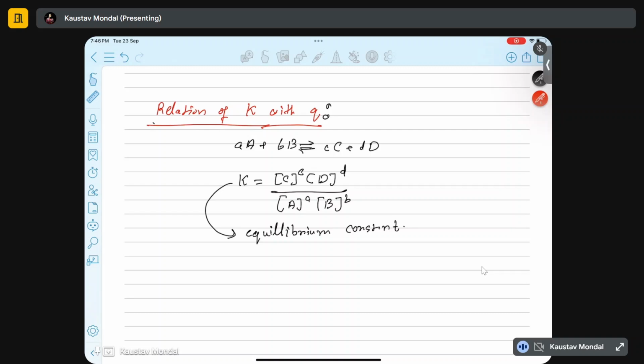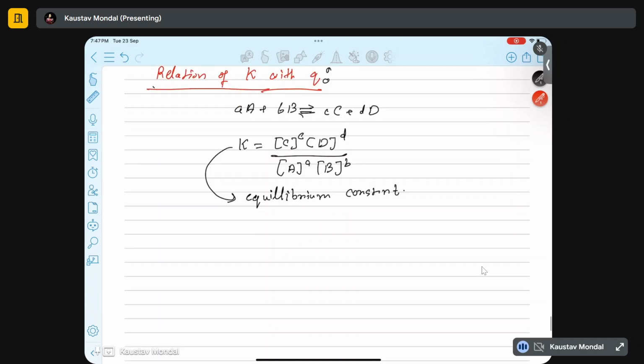And q we can easily calculate by using spectroscopy, if you know the energy separation of a particular system. From there you can calculate the partition function q, and from there you can calculate the equilibrium constant K. That is the main goal of building this relation.